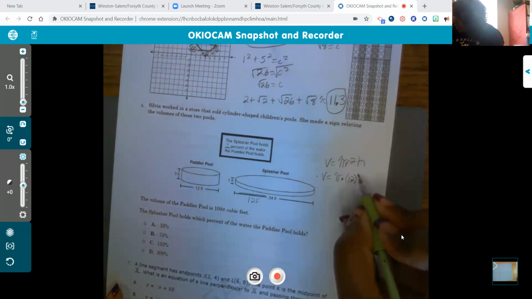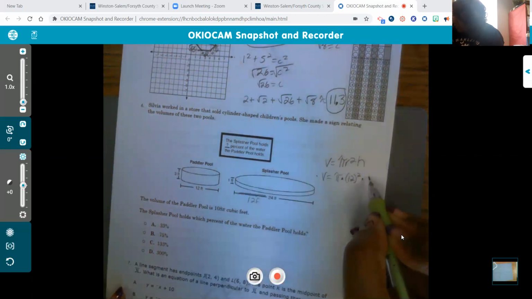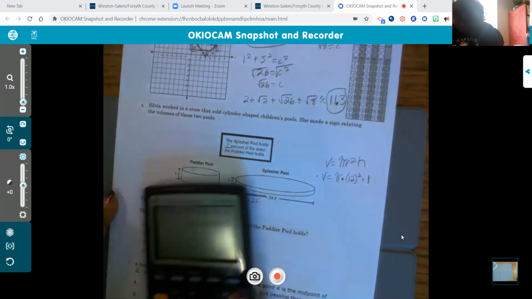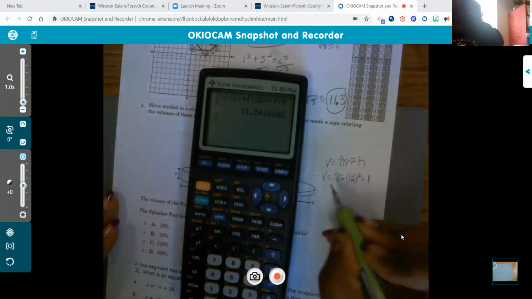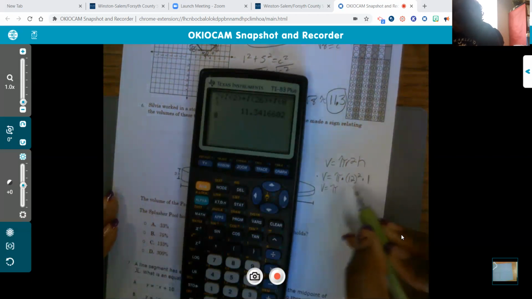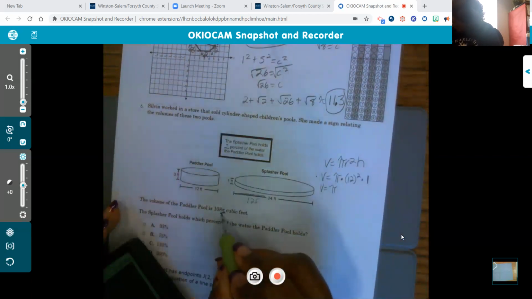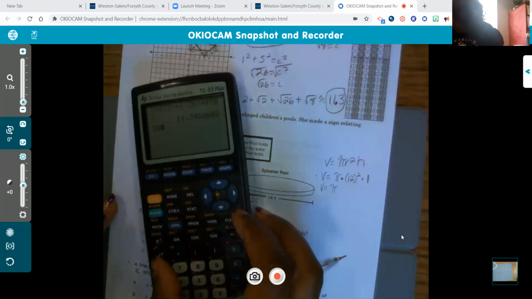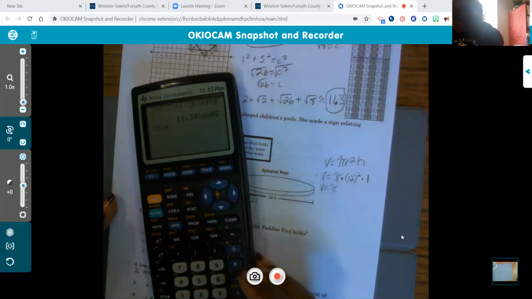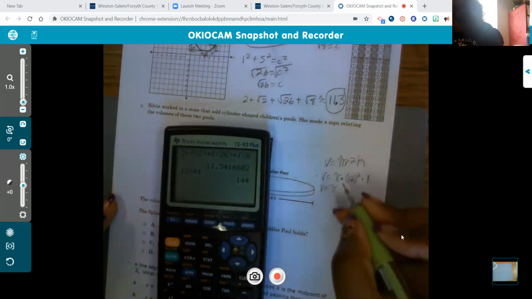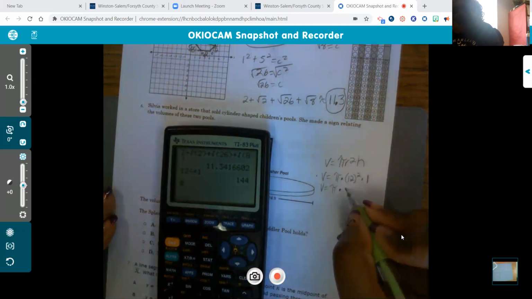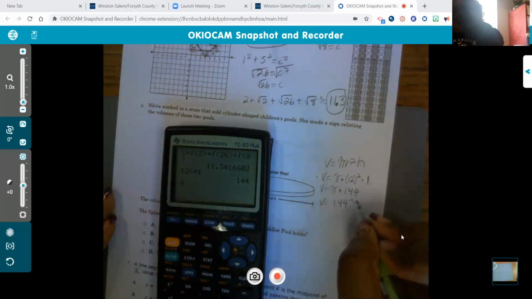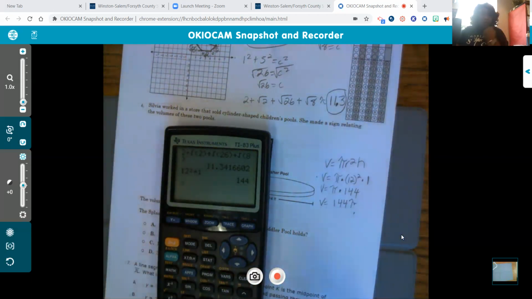So we got 12 squared and the height is 1. We're writing it in terms of pi. And this gives me 12 squared times 1, that's 144. So this is going to be 144 pi.